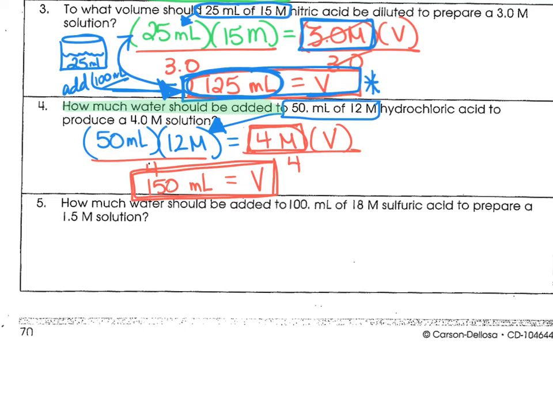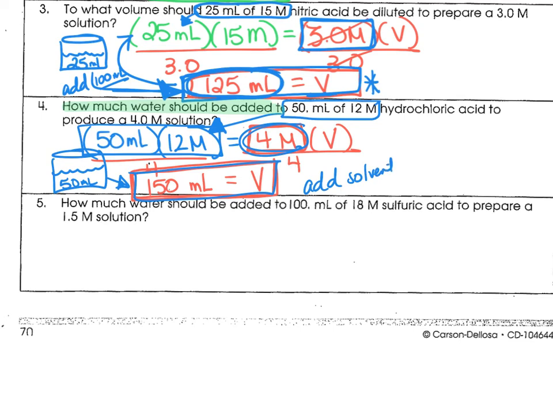So remember, I went into my stockroom and I got my beaker of 50 milliliters of the 12 molar solution. Now, in order to get it diluted down to this 4 molarity, I need to increase my volume to 150. So that means I'm going to have to add solvent or water until I get my solution up to 150.